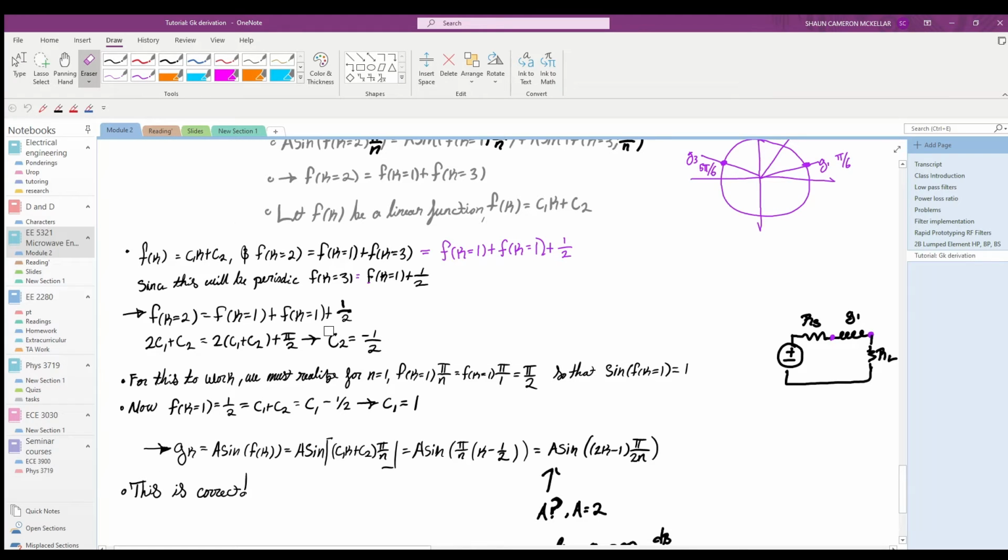So at this point, we have our C2 value, but we cannot get C1 unless we have another data point. And so in order to find the other data point, we'll use the n equals 1 data point. Now there's two ways to proceed from here. The first way is kind of cheating.